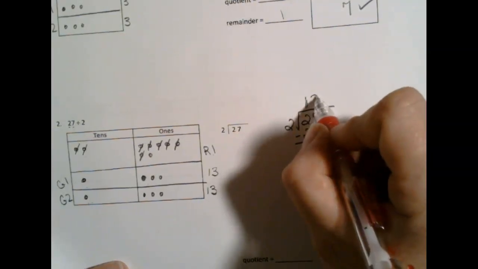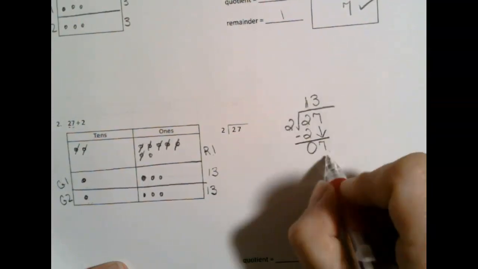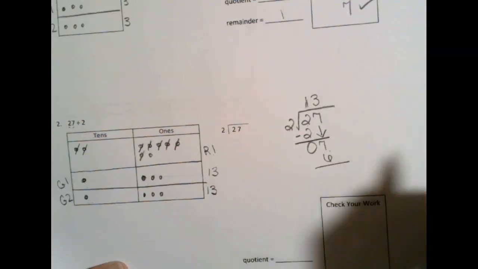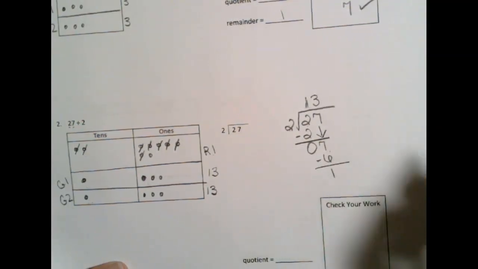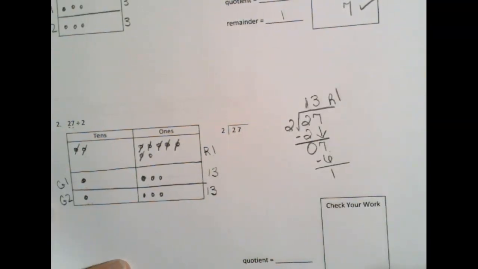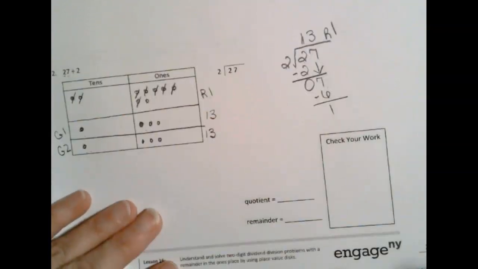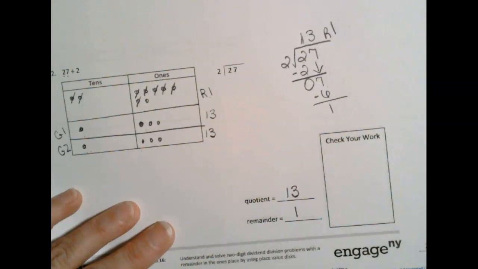Well, I know 2 times 3 is 6. That's close to 7. So 2 times 3 is 6. So I use 6 of my 1s. How many 1s do I have left? I have 1. So I have a remainder of 1 that's left. So down here, I'm going to put my quotient. My quotient's 13. My remainder's 1.